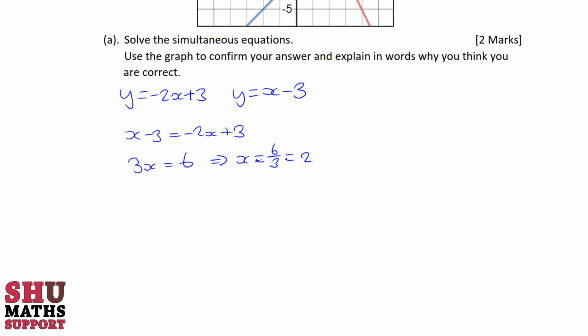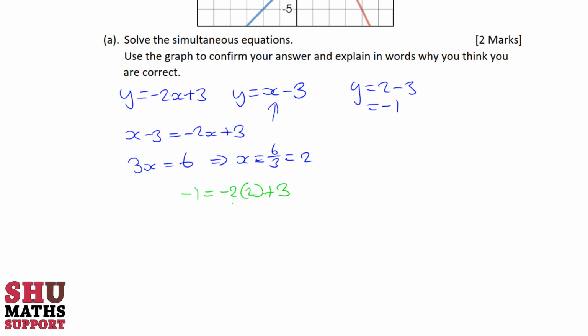And then we substitute our x value into the equation for y we chose earlier, so we'll substitute it into this one here. So we have y is equal to 2 minus 3, which means y is equal to minus 1. And then let's check our answer just by substituting it into both equations. So we should have minus 1 is equal to minus 2 times 2 plus 3.